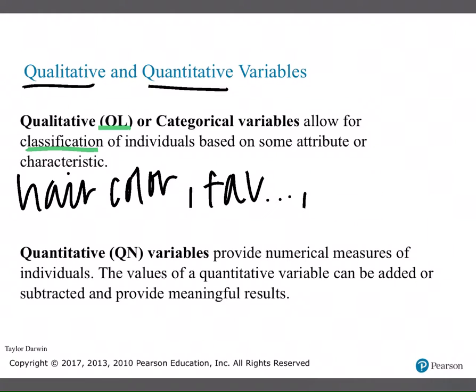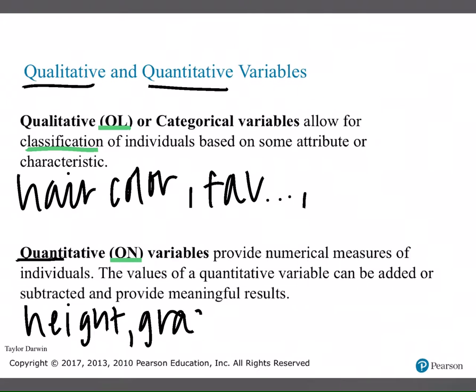Quantitative is abbreviated with QN. And the root word of quantitative is quantity. So you can kind of think of it like that, because quantitative provides numerical measures of individuals. And they can be added or subtracted and provide meaningful results. So maybe it's height, grade, speed, anything that has quantity that can be measured.